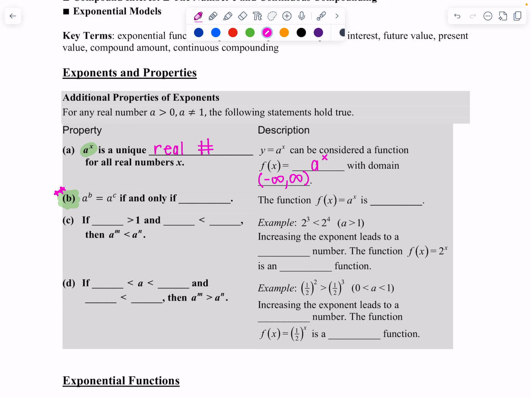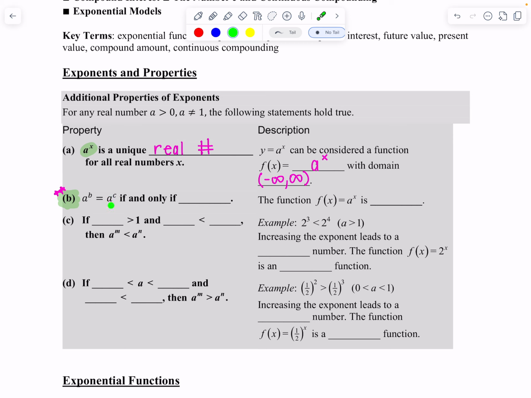Look what it says. A raised to B equals A raised to C if and only if the exponents are equal. If you have two bases that are the same raised to different powers and they're equal to each other, you can set the exponents equal to each other. Our base here is A, and here is the exponent for each base.